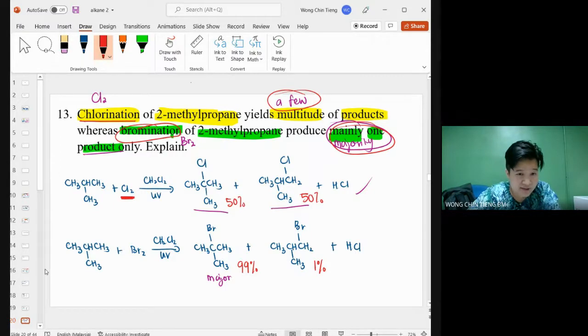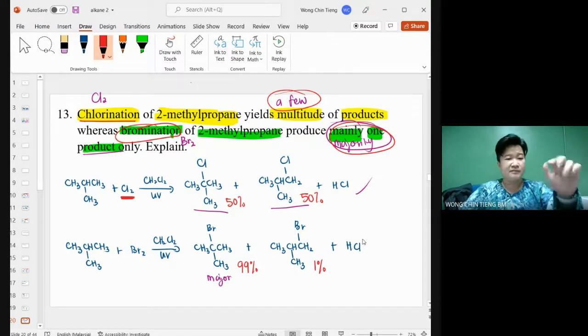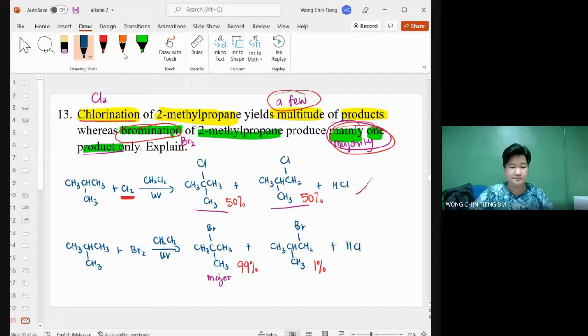Okay? And how do we explain? Remember the three things? Reactivity. Which one is more reactive? Which one react faster? Which one is selective and unselective? Tiga tu. So, bagi tahu lah.